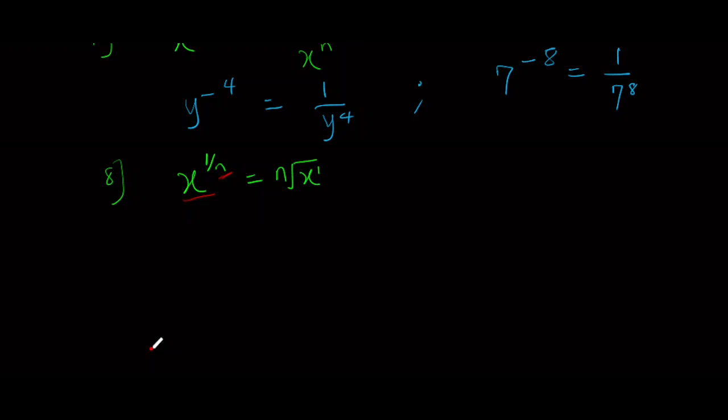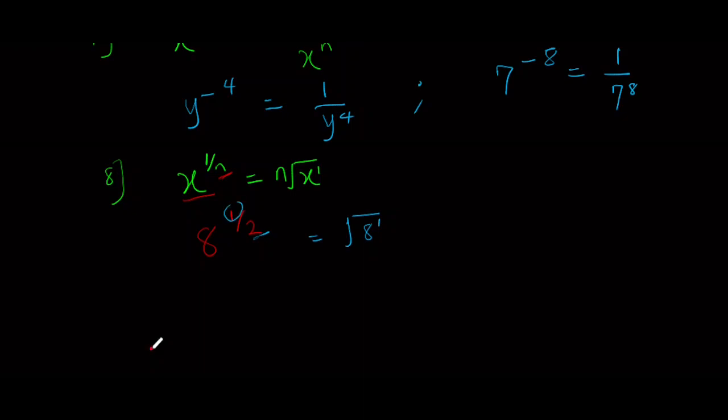For example, we have 8 raised to power 1 over 2. Like I said, the denominator of the power, which is 2, will form roots. We are going to have square root of 8 raised to power 1. The 1 is the one that is here.